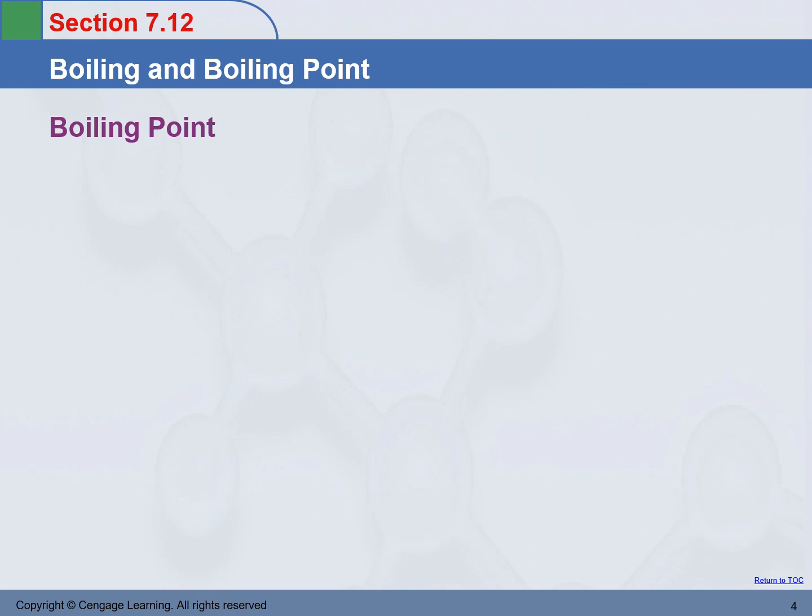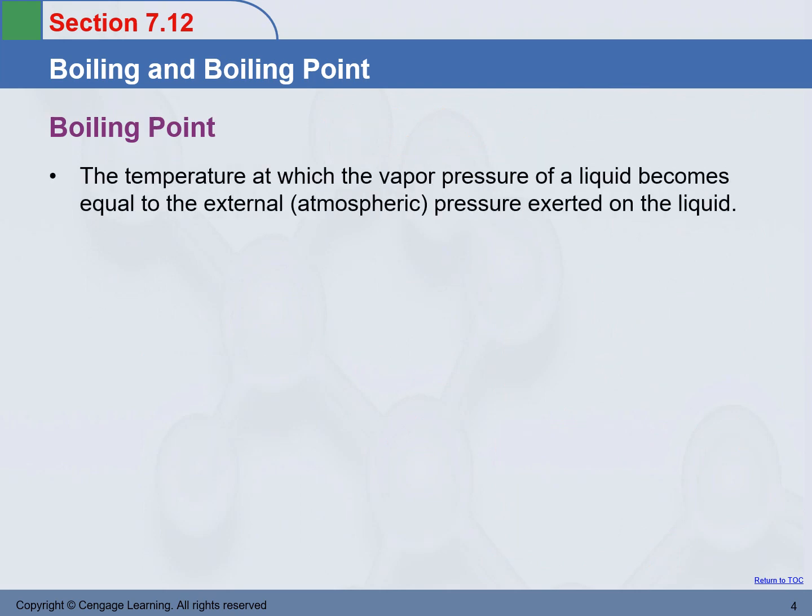A boiling point is the temperature at which the vapor pressure of a liquid becomes equal to the external pressure. The temperature at which boiling occurs, that's the boiling point. So boiling is a process. Boiling point is the temperature at which boiling occurs.